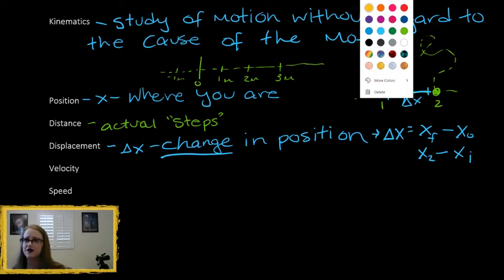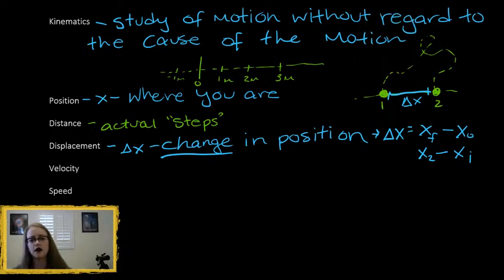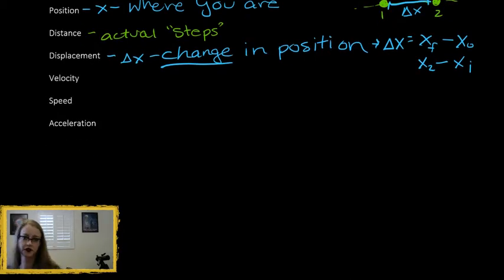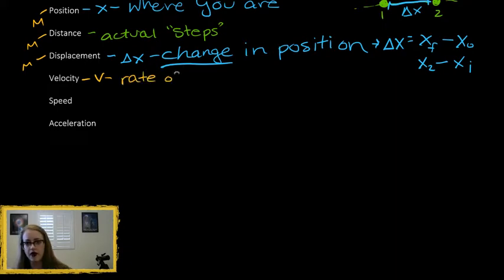So what is velocity? Well, velocity is a v. We said these were all measured in meters, and velocity is the rate of change of your position.